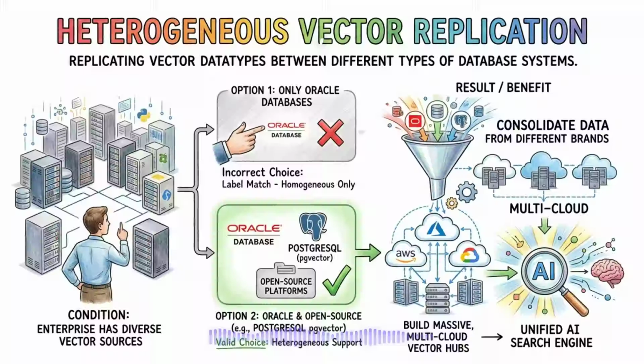Another brilliant high-availability use case for GoldenGate is performing zero-downtime database upgrades. If you want to upgrade your legacy Oracle 19c database to the new Oracle 23i release, you can use GoldenGate to keep the old and new systems synchronized while you test the new application.